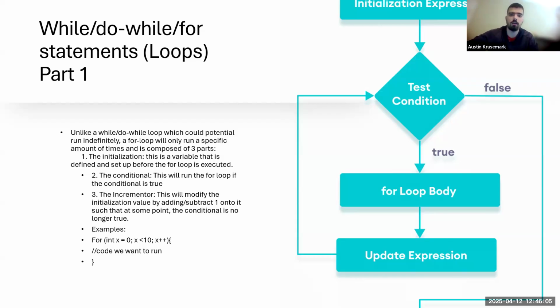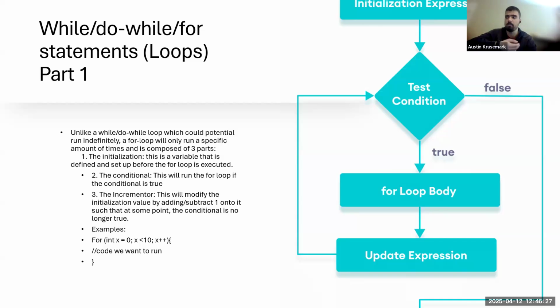The reason why at some point we would want the condition to no longer be true is that if we made it so the code could potentially run forever, you would get an infinite loop.